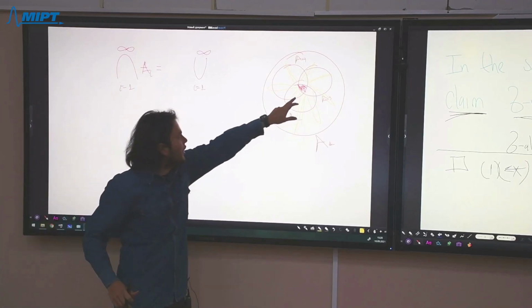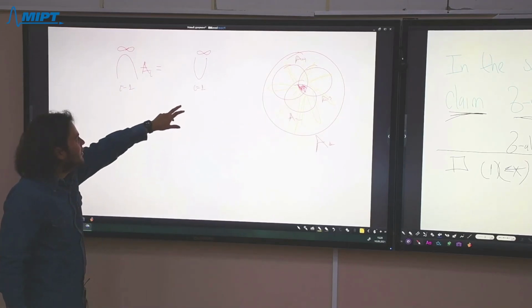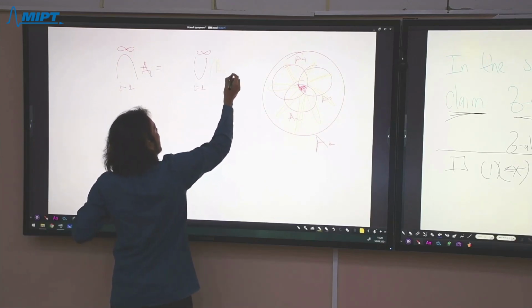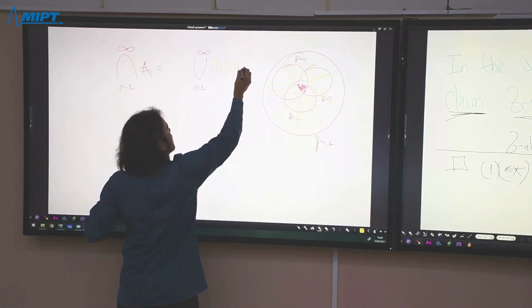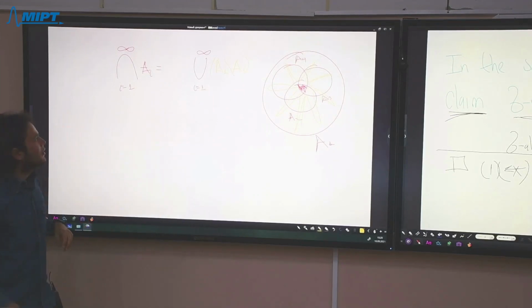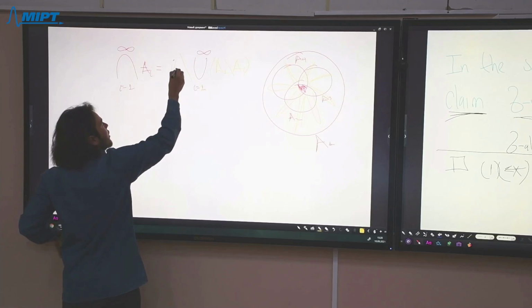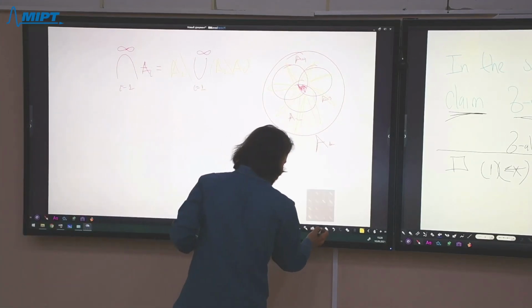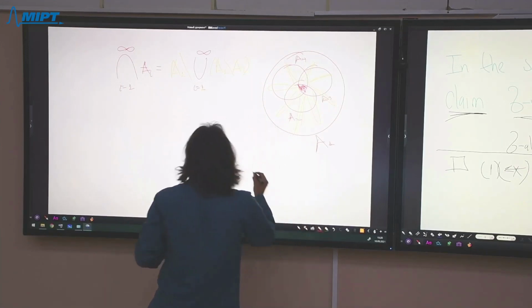So how do we find that? It's going to be the union of A sub 1 minus A sub i, for i from 2 to infinity, and from here we take A sub 1.